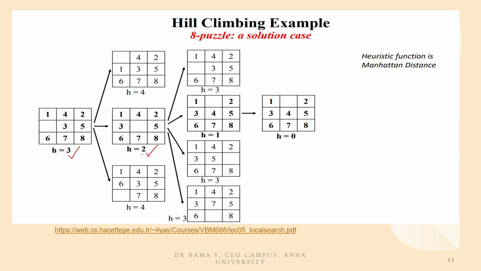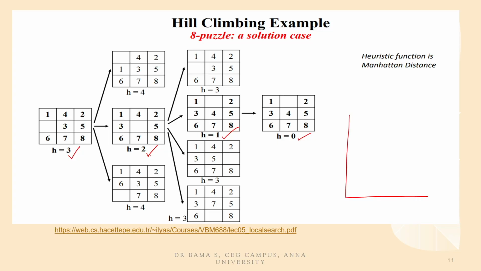Then the next better move is h equal to 1, and once we are here, the other move is going to be h equal to 0, where we will be moving to the exact same position. This is the solution of hill climbing, and if you draw the graph, you have n as the search space, we have 3, 2, 1 and 0.